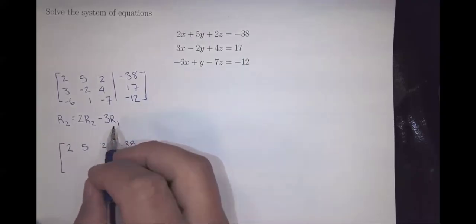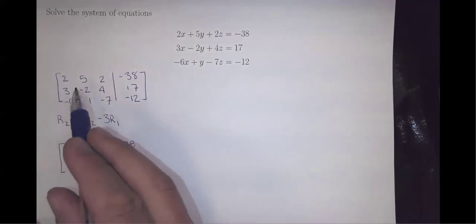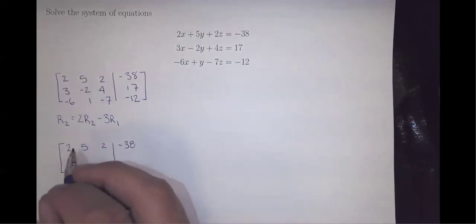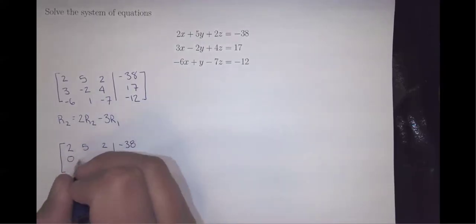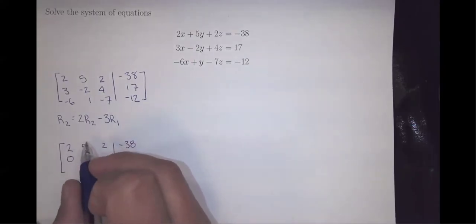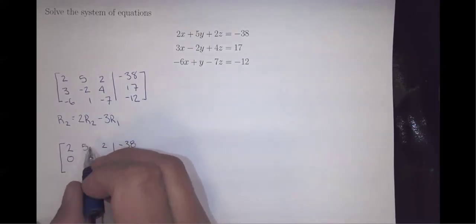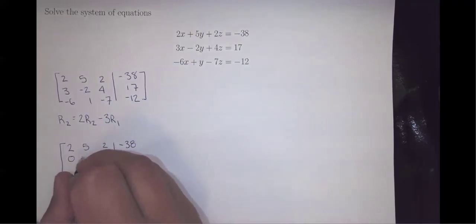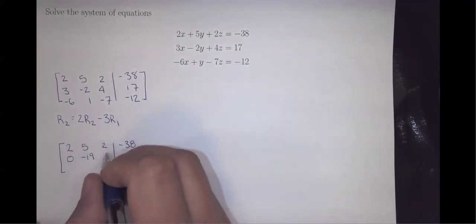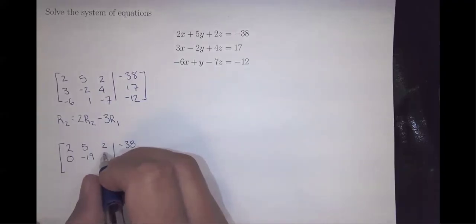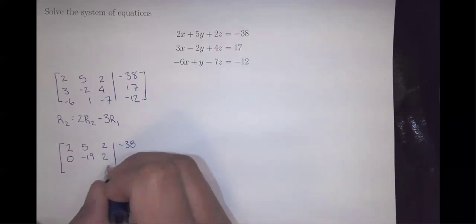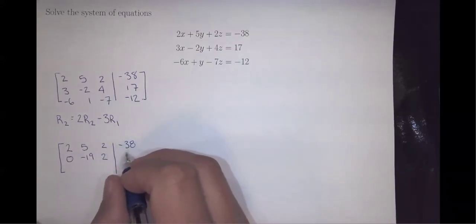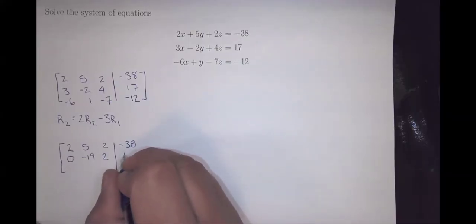My second row becomes 2 times 3 minus 3 times 2 is 0. 2 times negative 2 minus 5 times 3 is negative 19. 2 times 4 minus 3 times 2 is 2. And 2 times 17 minus 3 times negative 38 is positive 148.